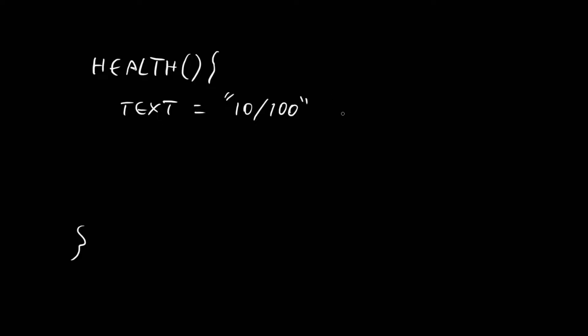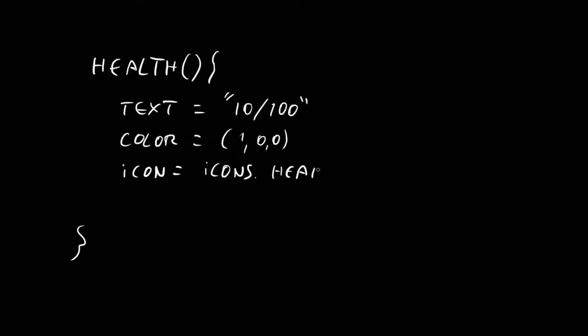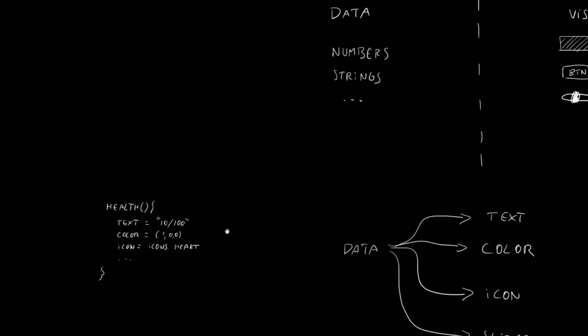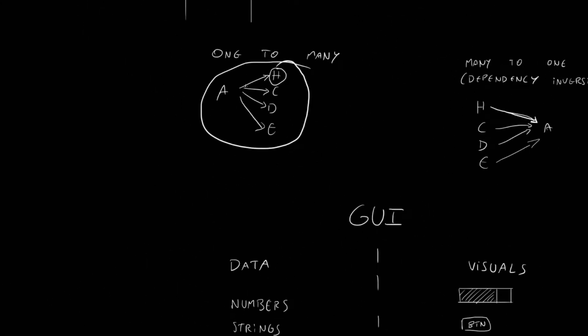I'm just simplifying here, right? And then color equals red, which would be 100, it's for RGB. And then for the icon, we would say icons dot heart, or whatever it is, and so on. So this is that one-to-many relationship. This is a one-to-many relationship.